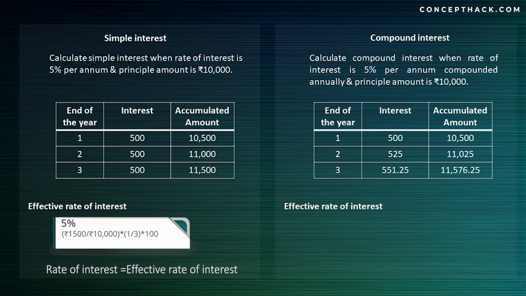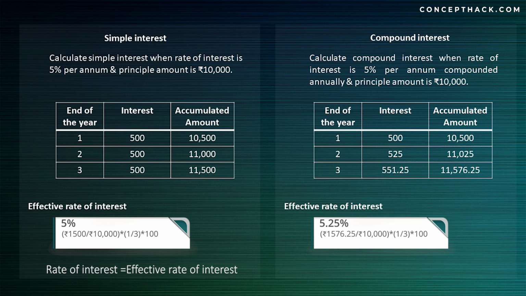Whereas effective rate of interest in case of compound interest is 5.25%. That is 1,576.25 divided by 10,000 divided by 3 years into 100, which means rate of interest is not equal to effective rate of interest. Rather, effective rate of interest is more than the rate of interest.